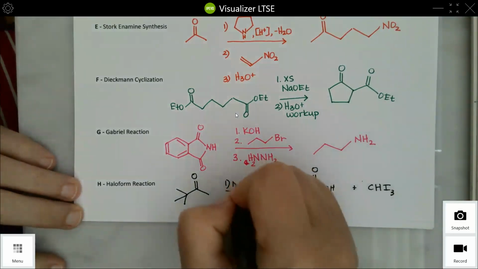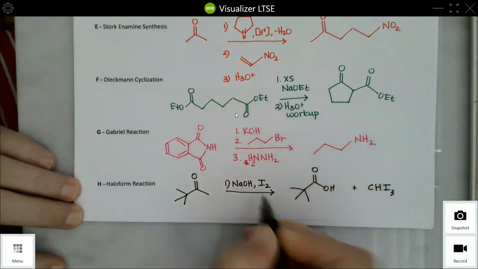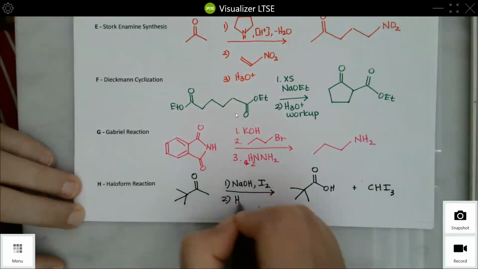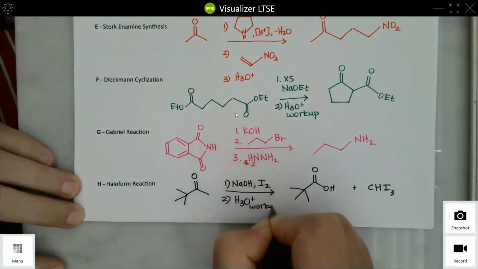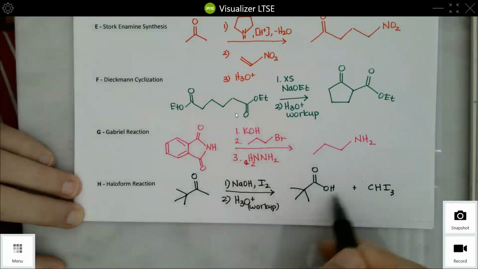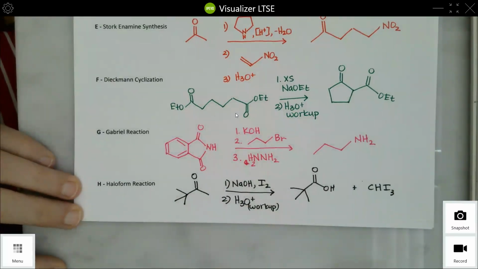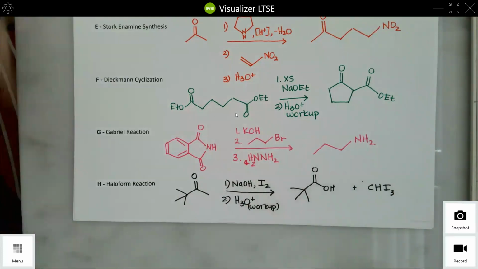Then we would use sodium hydroxide and iodine, and we can switch this out for bromine if there was bromine here. And then we need an acidic workup, because we want to have the protonated, isolated carboxylic acid. So we need an acidic workup to add that last proton.